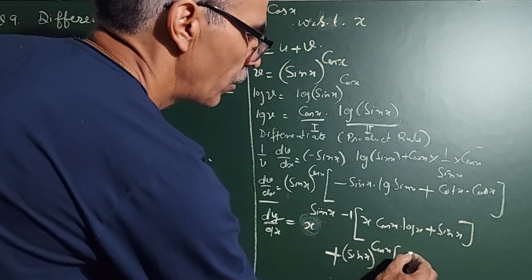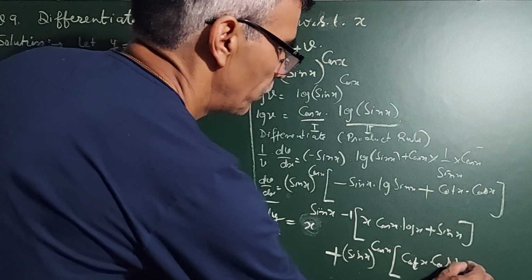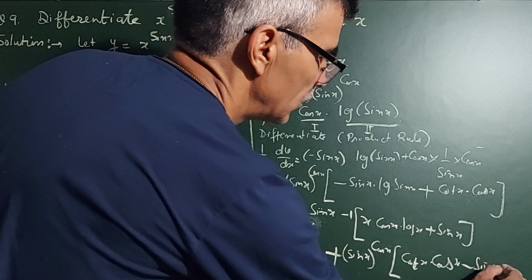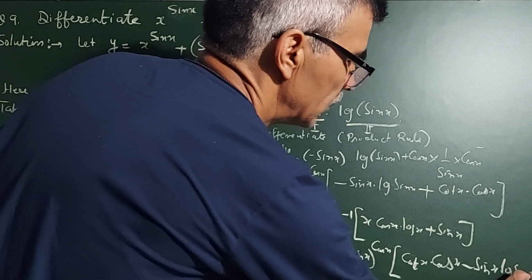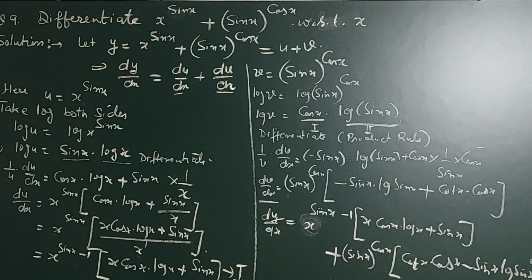First we write the positive term, cot x into cos x minus sin x into log of sin x. So this is the solution of this.